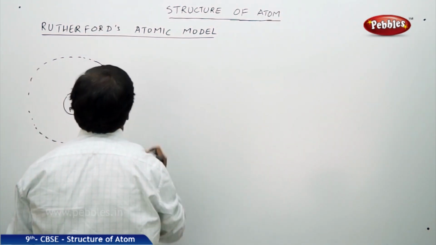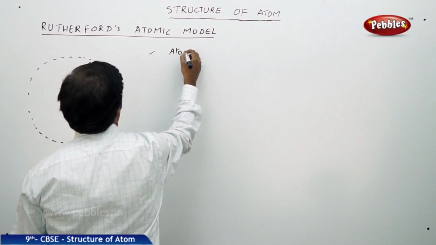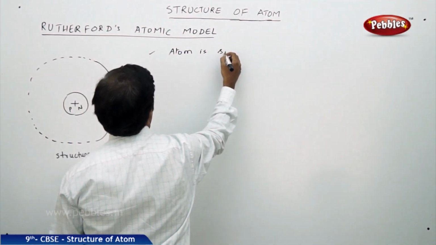First postulate: the atom is spherical in shape.